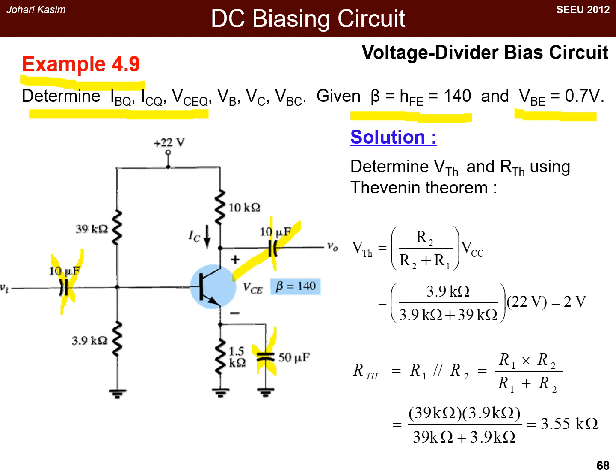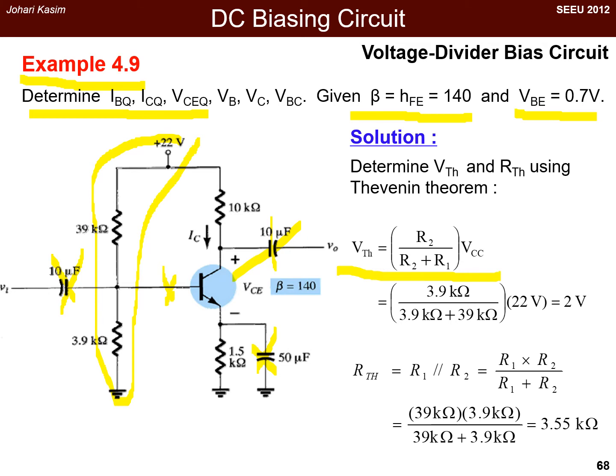After that, you get the equivalent circuit of the voltage divider, that is VCC, R1 and R2, by opening the point of the base of the transistor BJT. After that, you get the Thevenin voltage, that is R2 divided by R2 plus R1 times VCC.